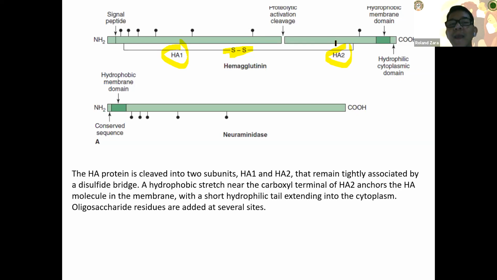Now at the end of subunit 2, you have the hydrophobic membrane domain, and you have the hydrophilic cytoplasmic domain near the carboxy terminal. So the hydrophobic stretch is near the carboxy terminal of your HA2.